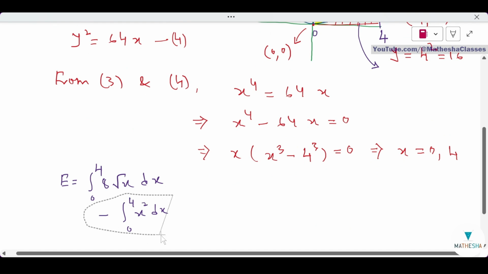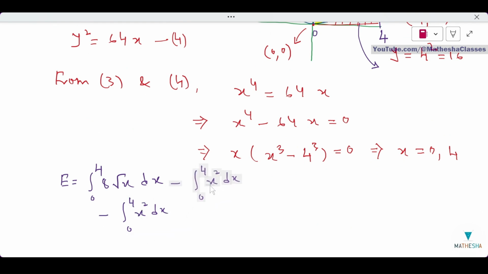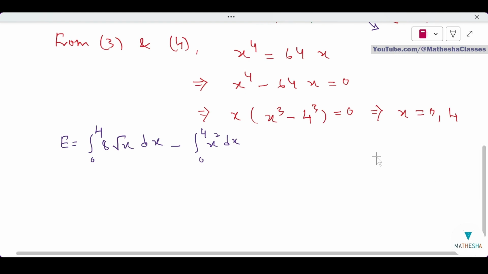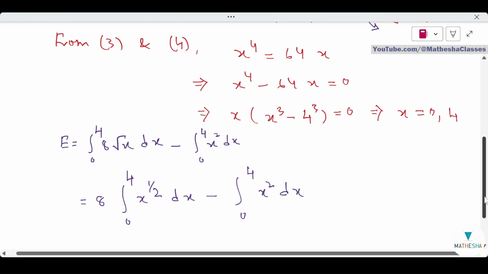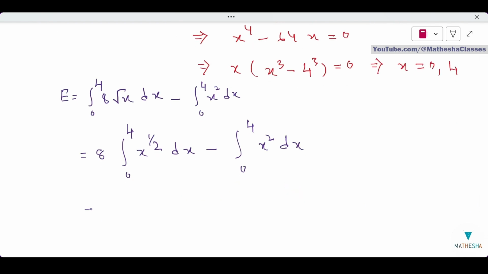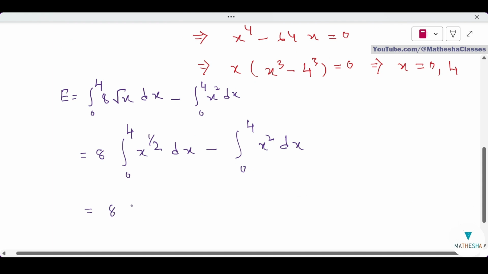E is equal to this. So 8 will come out, integration from 0 to 4, x to the power half dx minus integration from 0 to 4, x squared dx. That is 8 times x to the power half.